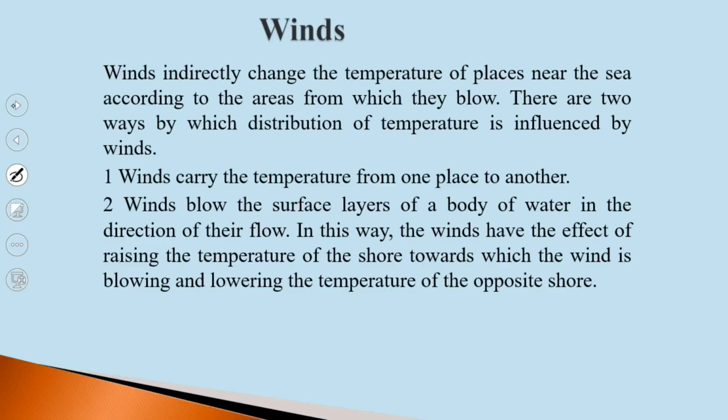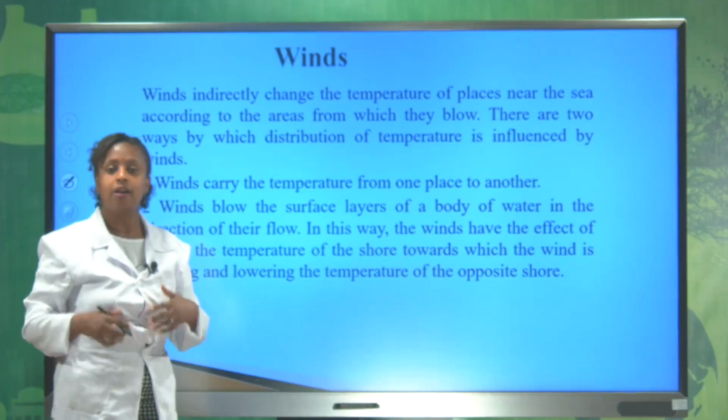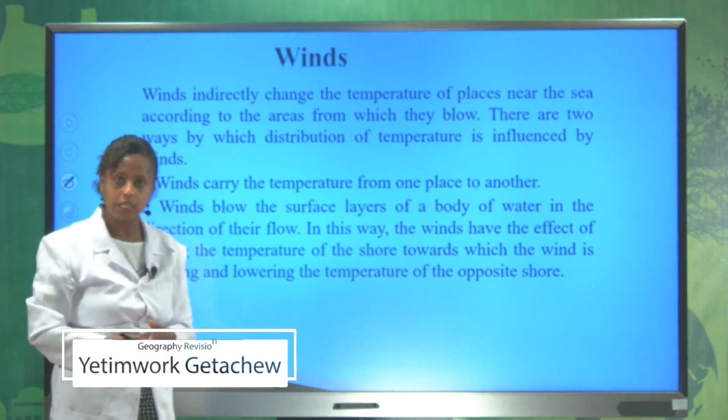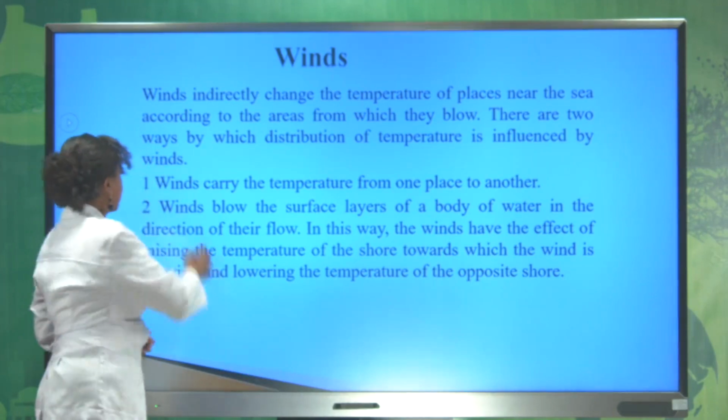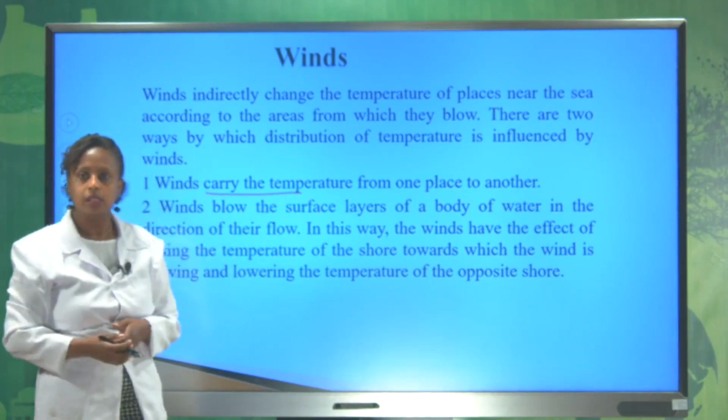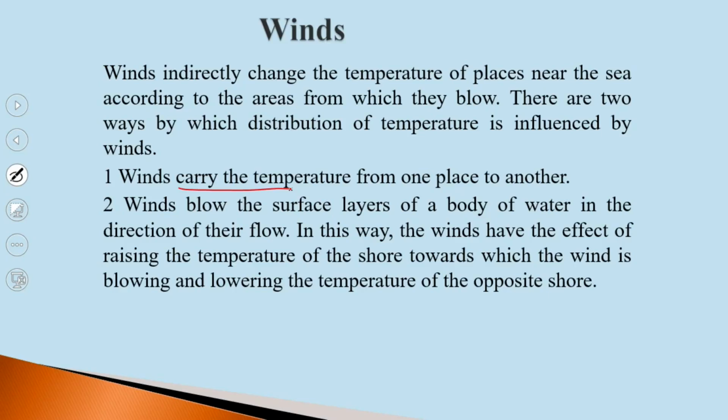Winds indirectly affect the amount of temperature by changing the place of temperature. There are two ways by which wind affects the distribution of temperature. The first one is that winds carry temperature from one place to another. The second one is that winds blow the surface layer of a body of water in the direction of their flow.